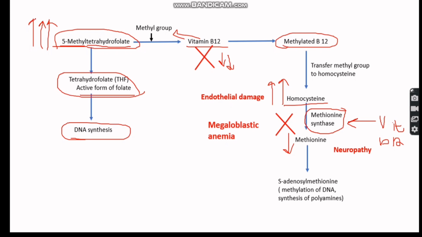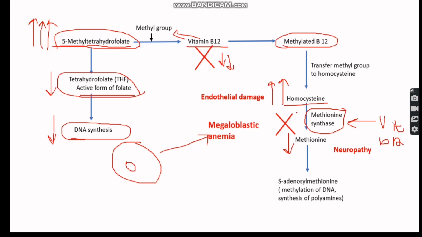Once 5-methyl tetrahydrofolate accumulates in the body, it means that the tetrahydrofolate level decreases. Which means that there will be decreased or impaired production of DNA, production of nucleic acid, due to which enlarged erythrocytes are formed, which leads to megaloblastic anemia.